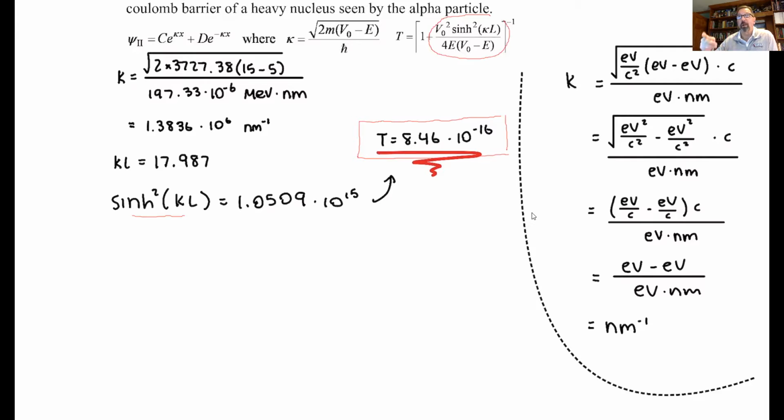When you work a problem just like this in WebAssign, which will be due Friday, you may find that if you round something off early on in the calculation, like maybe right here, you only go to 1.4 as opposed to 1.3836, you need all those digits. When you start putting it into hyperbolic sines, because of the shape of a hyperbolic sine curve, the difference between going in right there and going in right there could be a huge difference in this number here, especially after you square it.